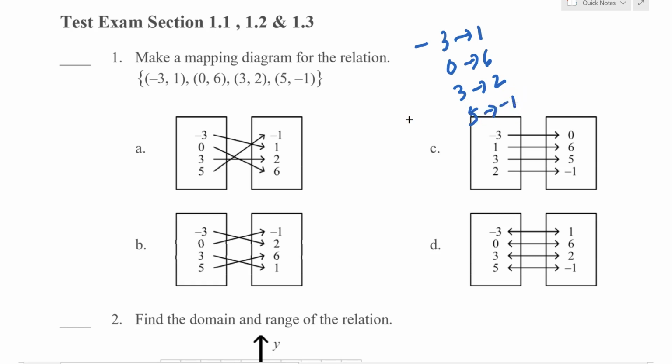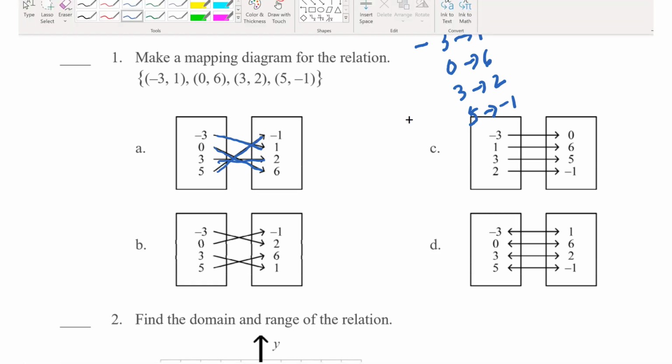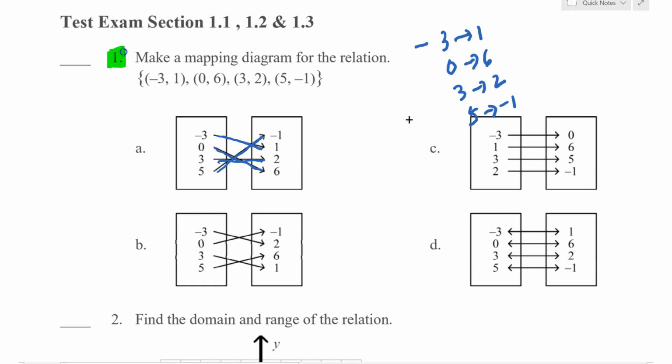So if you look, we have -3 to 1, 0 to 6, 3 to 2, and then 5 to -1.